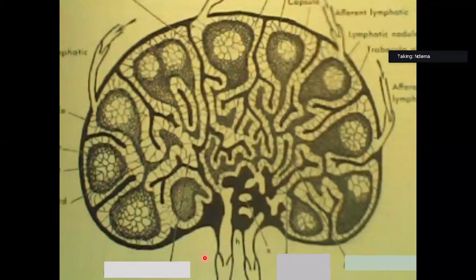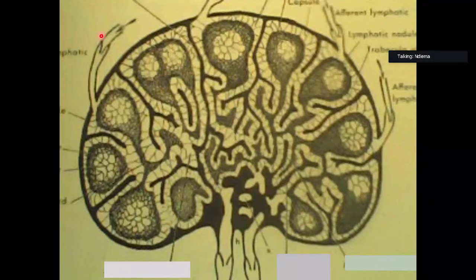We say the lymph nodes are arranged in a series. So this efferent lymphatic vessel becomes an afferent lymphatic vessel for the next lymph node. And the process continues on until the lymph enters into circulation.